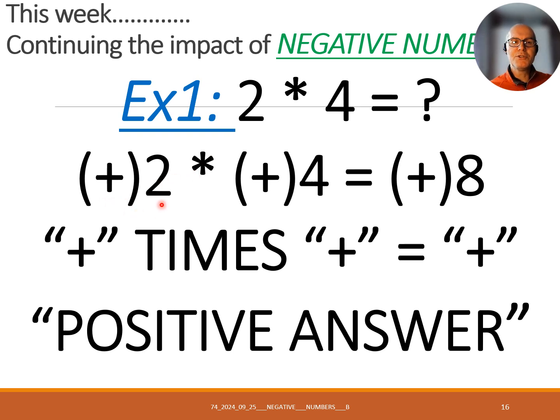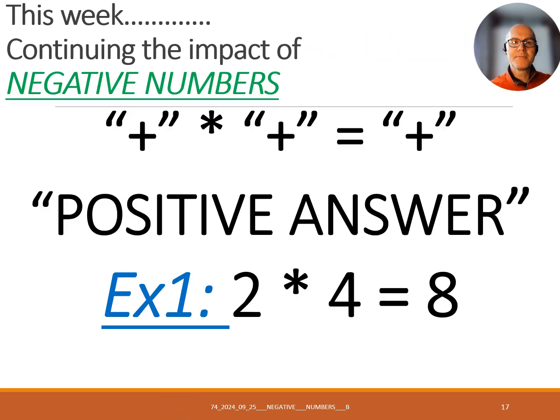So we've got positive 2 times positive 4. So when we have a positive times a positive, the answer is positive. Any positive number times any positive number gives a positive answer.